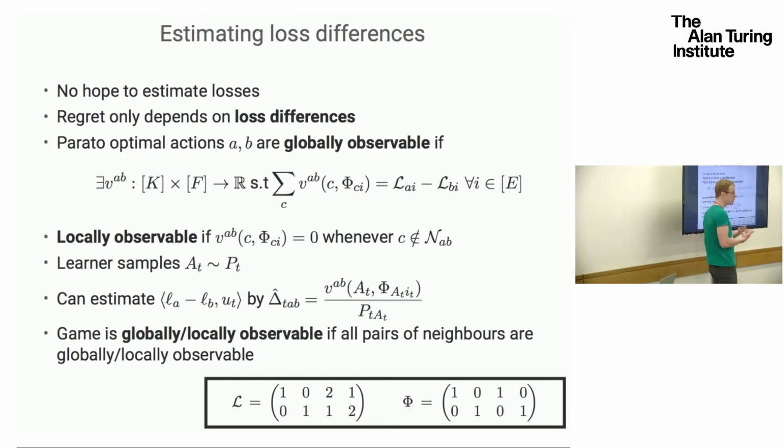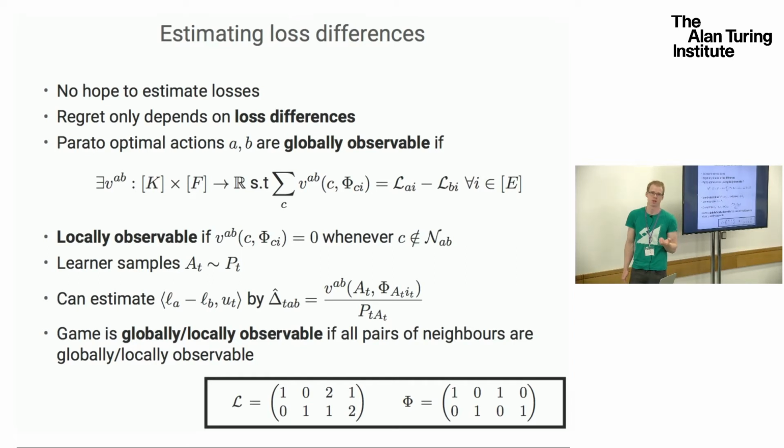Okay, so global observability is one thing, but local observability turns out to be really important, which is, can we identify the loss differences for actions by just playing those actions and maybe some degenerate actions in between, right? So we're saying they're locally observable if I can choose this function v so that it's 0 if I play an action that's outside of that neighborhood.